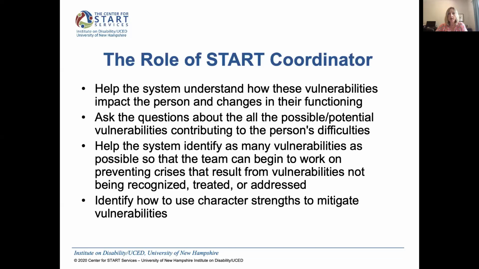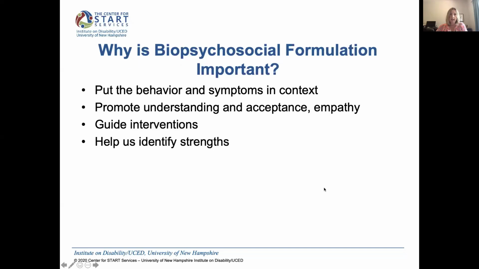If we can start to focus on what's right, we can help people and their systems and people around them also focus on what's right and use those skills, strengths, interests to help overcome the difficulties that might also be occurring. We'll get into this more.